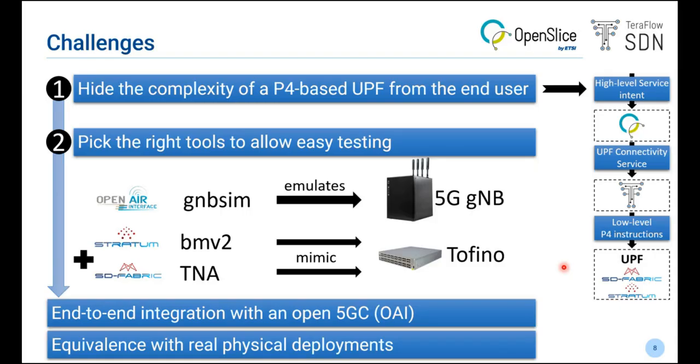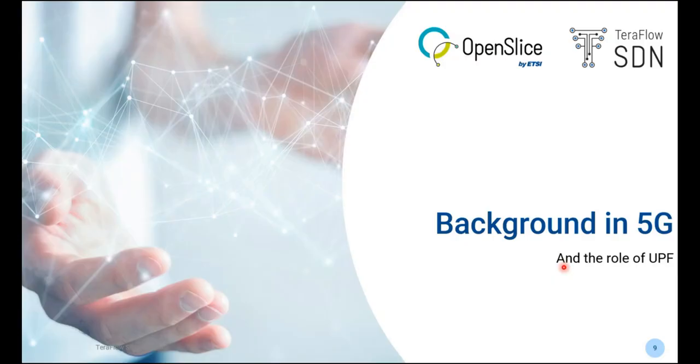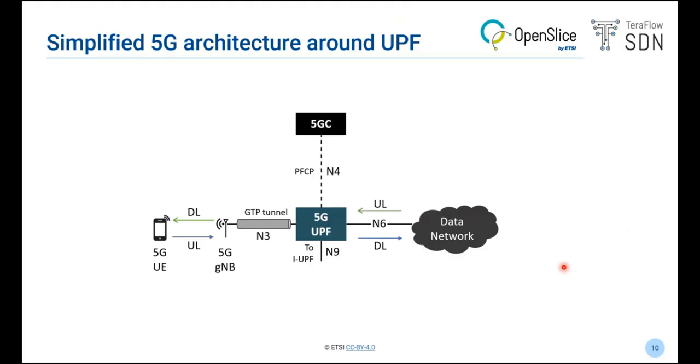A bit of background in 5G before we start. So at a high level, the role of UPF is a kind of bridge between the UE side and the data network side. So when the UE wants to access a given data network, it goes through the G-Node B. This opens a GTP tunnel towards the UPF function.